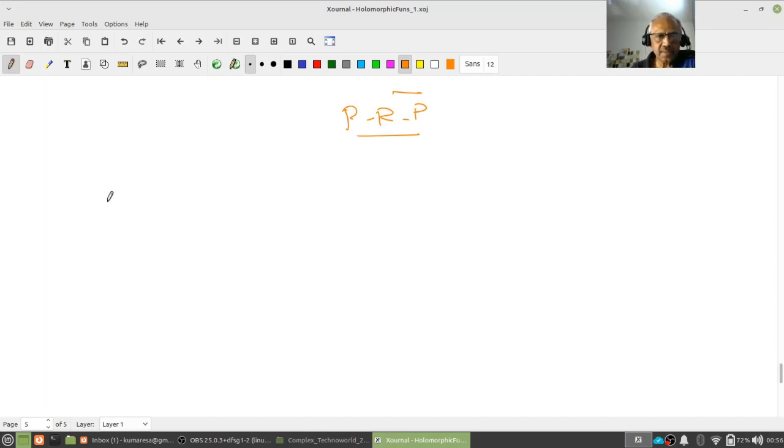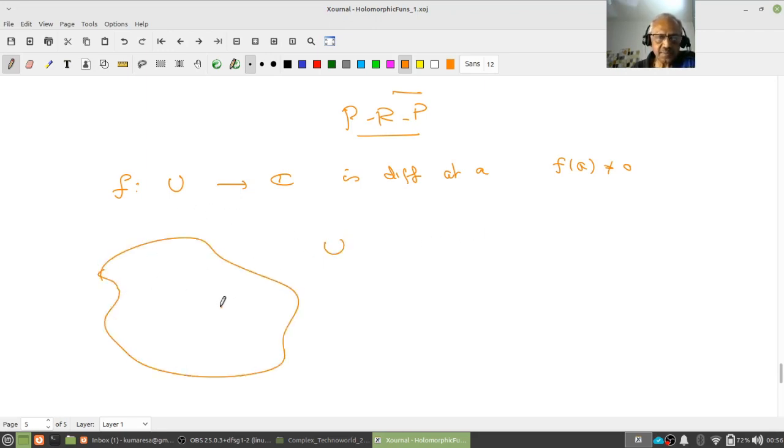Now suppose f from u to c is differentiable at a and f of a is not equal to 0. Since f is continuous at a, there is an r so that f of z is not equal to 0 for all z in the disc of radius r around a, which is by continuity.